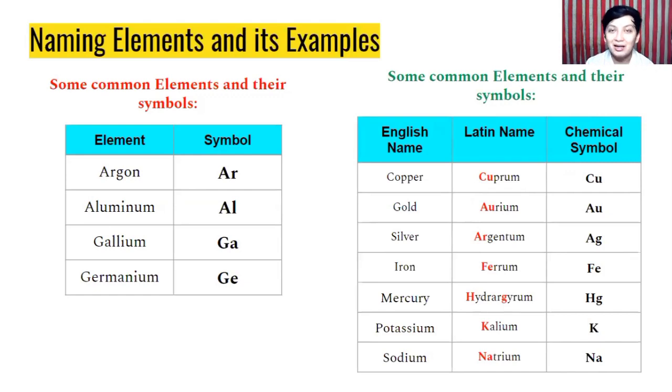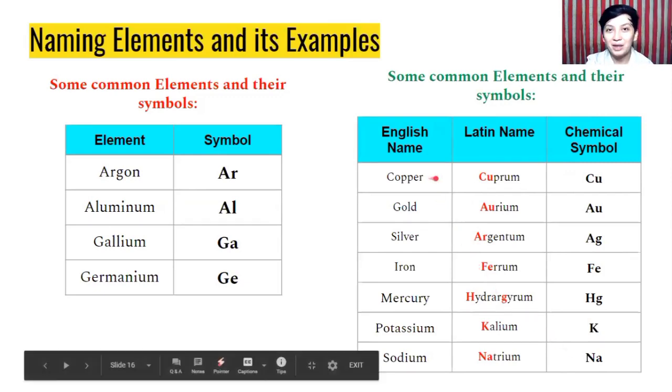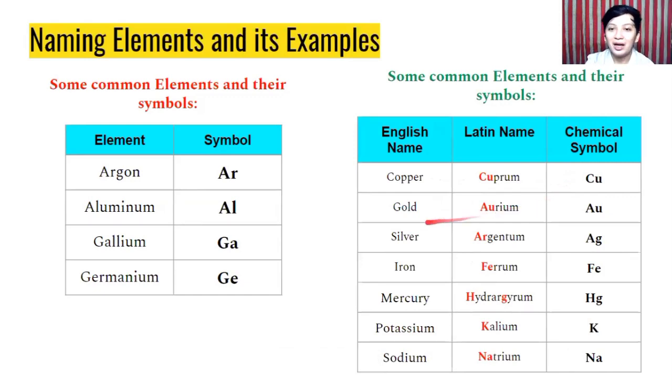These are the elements whose symbols came from their Latin names, not from their English or common names. Number one, copper, came from the Latin word cuprum. The chemical symbol is Cu. Gold came from the Latin name aureum, which gives the chemical symbol Au.